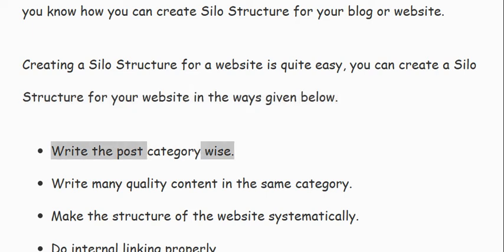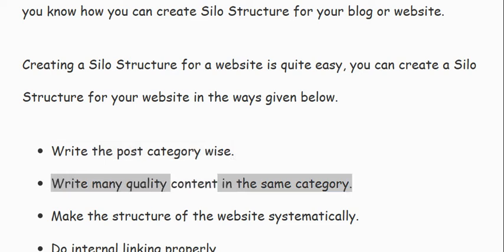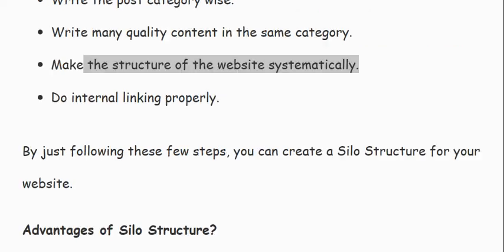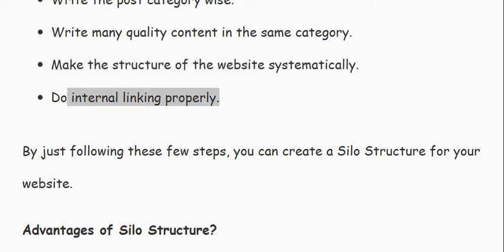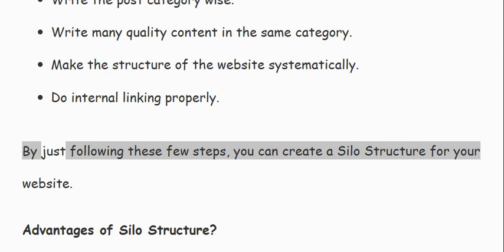Write the posts category wise. Write many quality contents in the same category. Make the structure of the website systematically. Do internal linking properly. By just following these few steps, you can create a silo structure for your website.